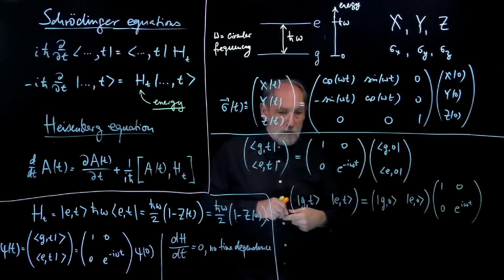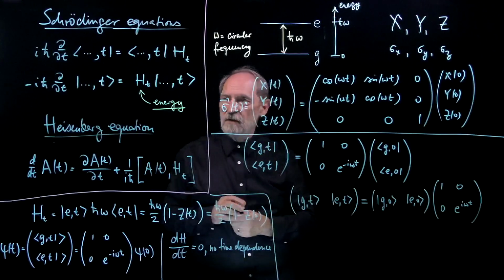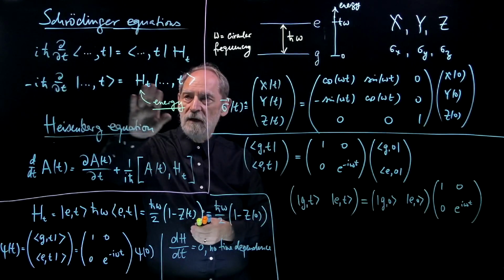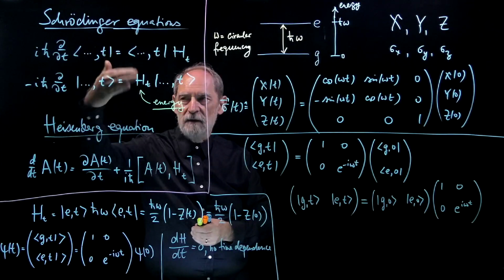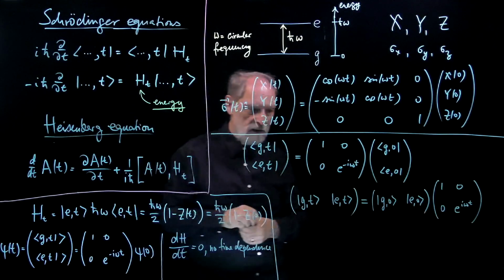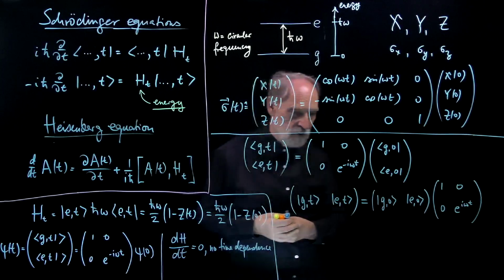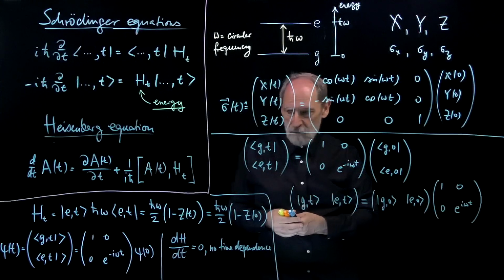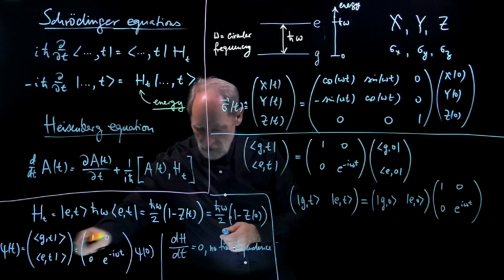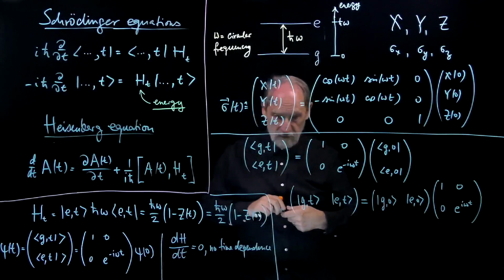Of course, we would also find this statement by solving the Schrödinger equation for the kets. We solved it for the bras, but the Schrödinger equation for the kets is just the adjoint, so the solution is also the adjoint.